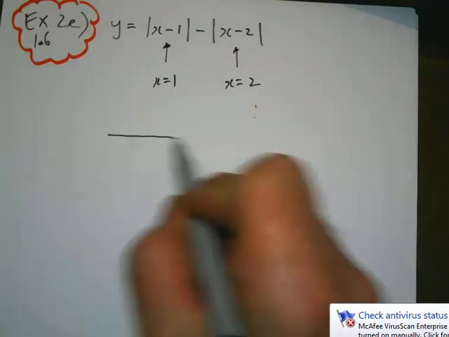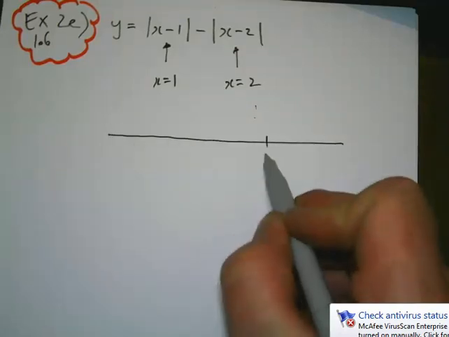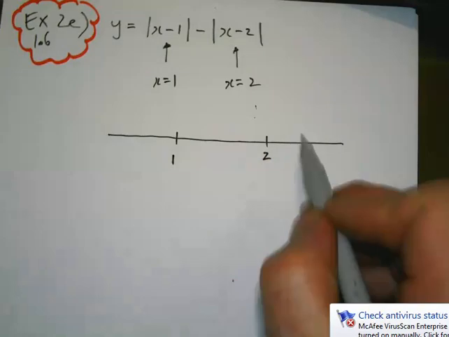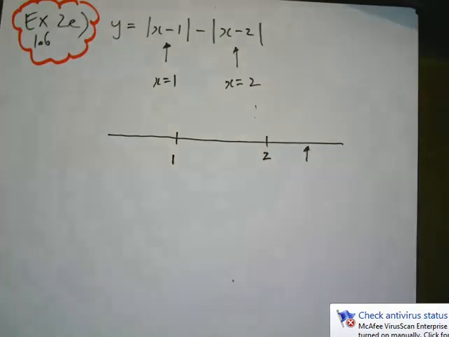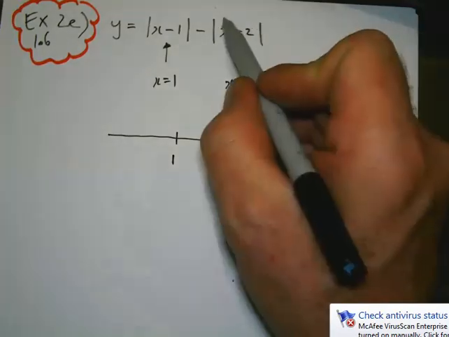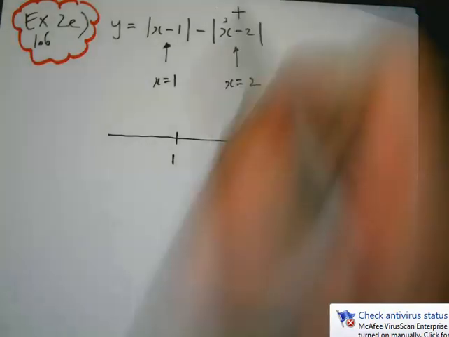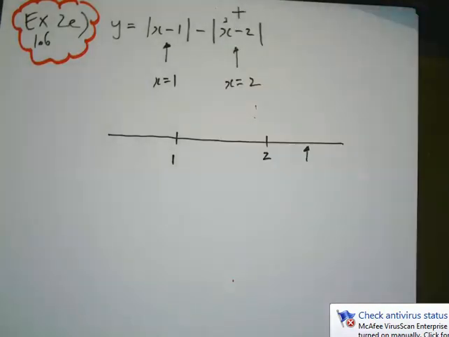So I'm interested in my number line when x equals 2 and when x equals 1. When I have an x value that is greater than 2, for example 3, and I substitute 3 in there, 3 minus 2 is positive, so I don't need to multiply it by a negative number. 3 minus 1 is positive, I don't need to multiply it by a negative number.